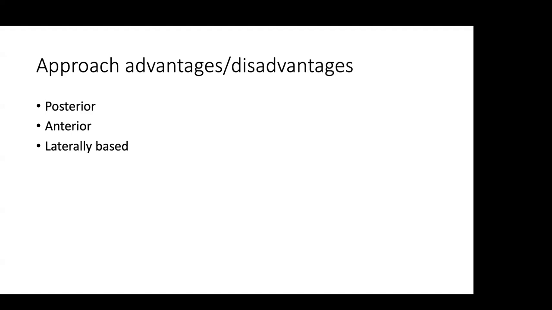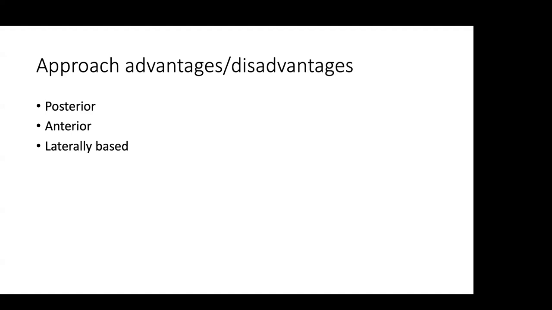Usually for hemiarthroplasties, it's pretty stable. Total hips are a different story. The advantage to a posterior approach is it's very extensile. So it's a workhorse incision, especially in complex fractures. If there's an associated acetabulum fracture, it's a very useful approach.